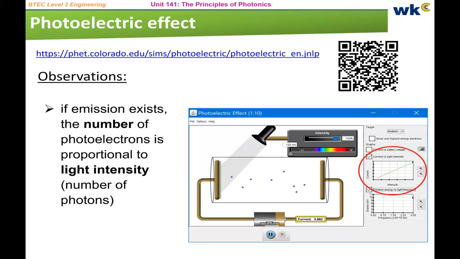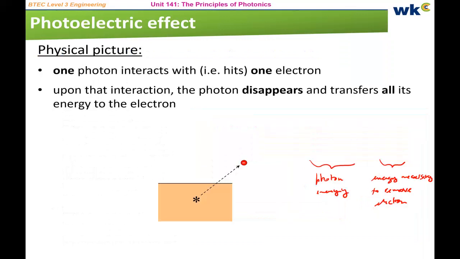This essentially has got to do with the fact that more photons will release more electrons, and this is the final proof that the interaction of photons is one to one. One photon interacts with one electron to give it all its energy. So more photons will lead to more electrons.